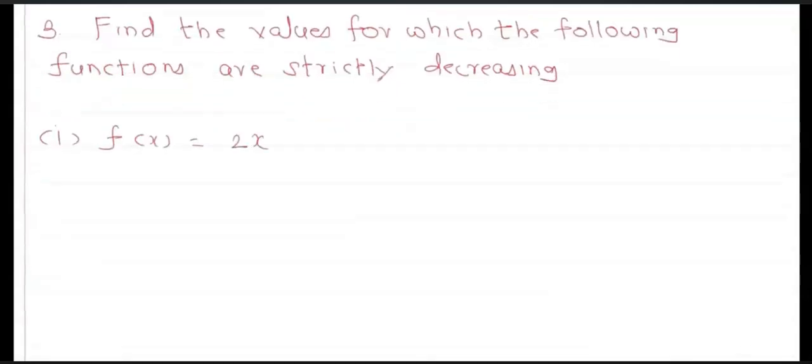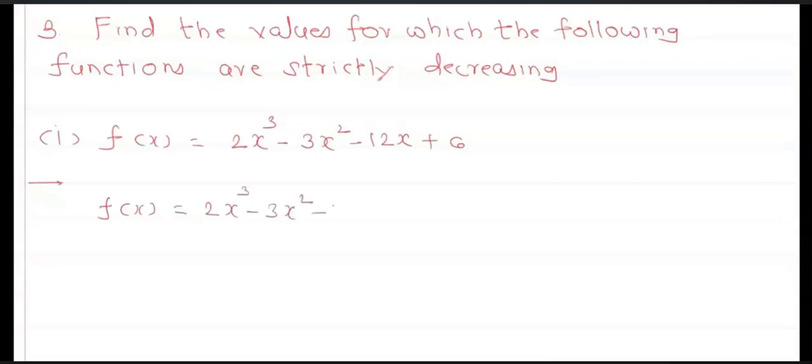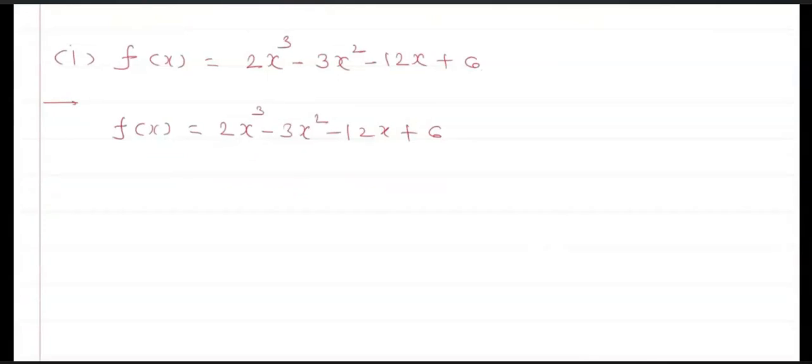Again I am repeating here, for the given function to be strictly decreasing, the first derivative is strictly less than 0. Now this is the first, f of x is equal to 2x cubed minus 3x squared minus 12x plus 6. Now we'll find out its first derivative.